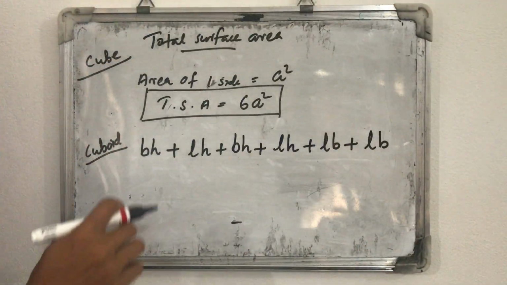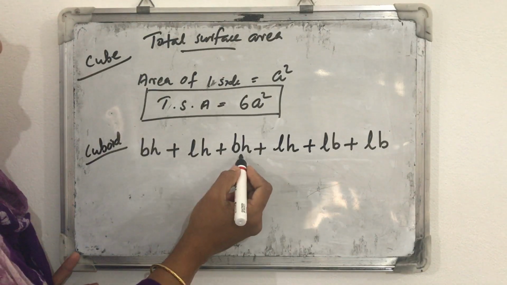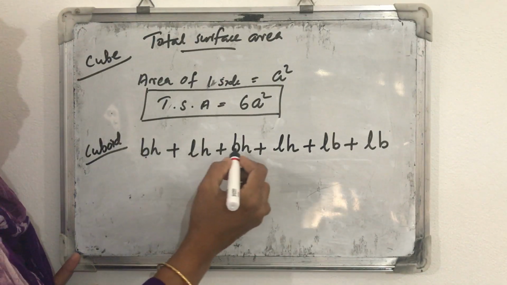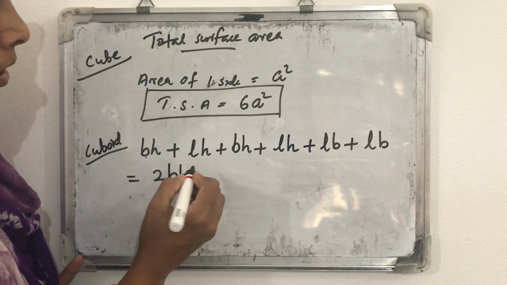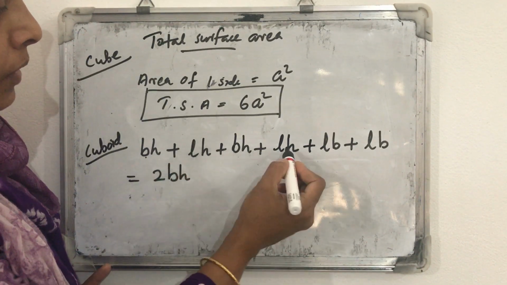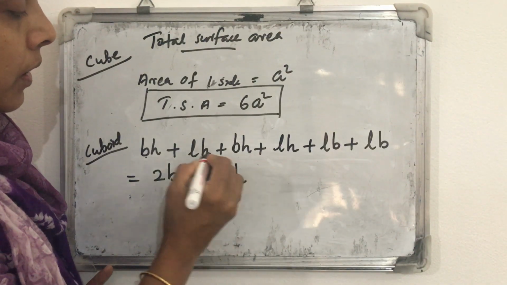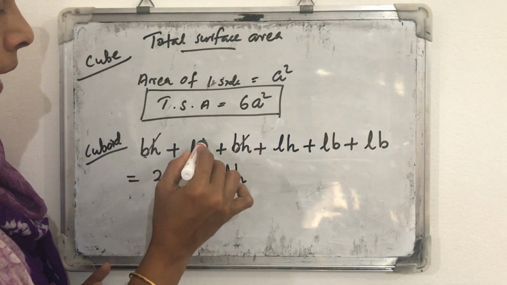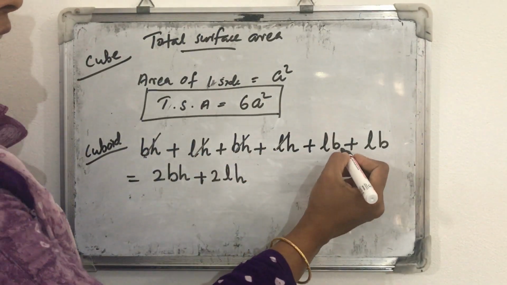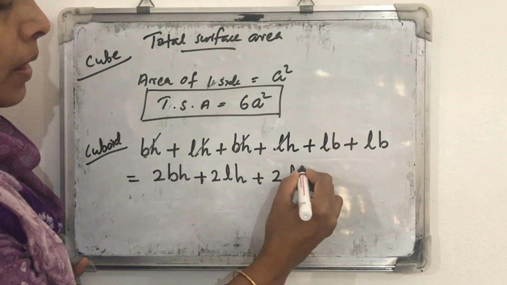Then adding this full. Now here we can take the like terms. BH, any other BH is there? Yes, one BH. BH plus BH we can add together, and write it as 2BH. And LH plus one more LH, so 2LH. Then LB plus LB, so it will be 2LB.